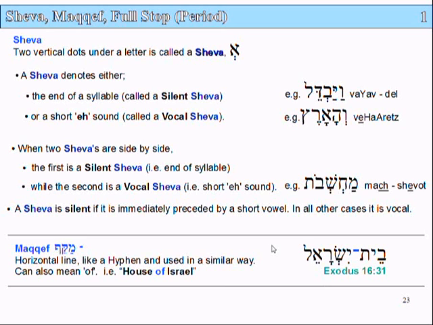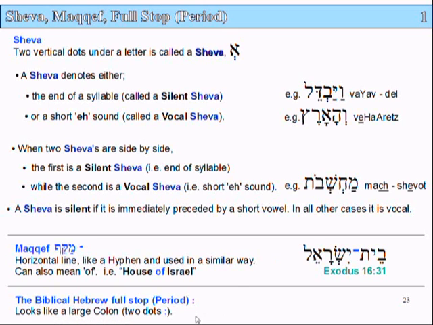Now we'll have a look at the final little symbol in our list, and that's two dots, like a colon. Like the Sheva, there are two dots, but these two dots are written at the end of a sentence, just like that.